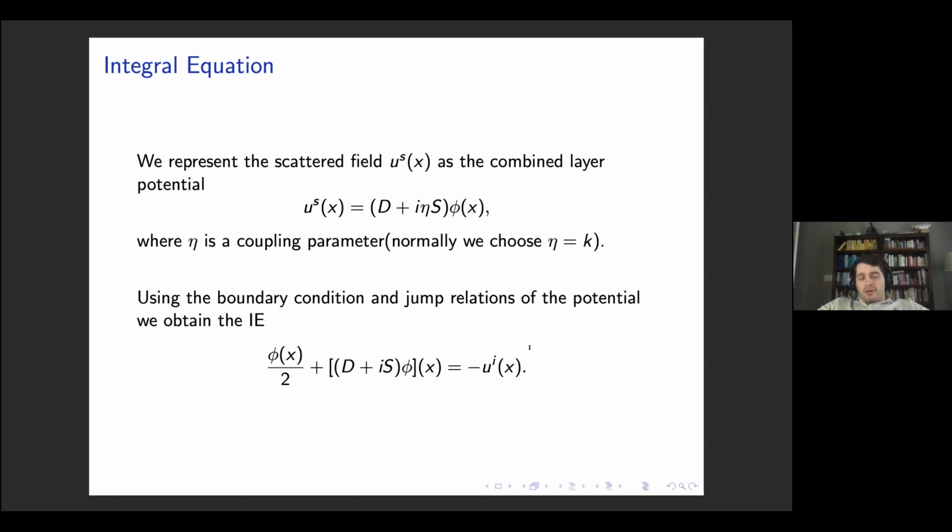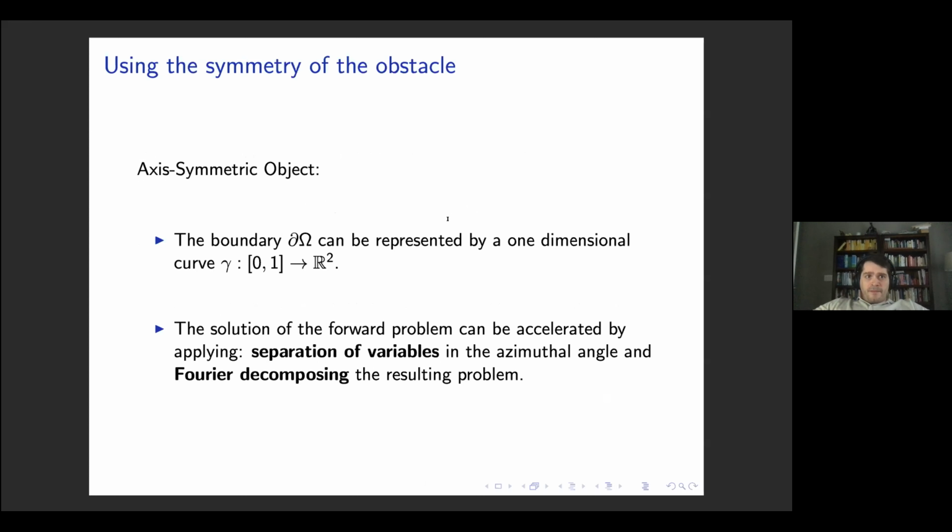And using some jump conditions that happen there on the boundary for the operators, solving that PDE becomes equivalent to solving this integral equation on the boundary, where you have the density operator divided by 2 plus the double layer plus i k S, phi is equal to minus the incident field. So pretty much the forward problem is going to be the solution of this operator here.